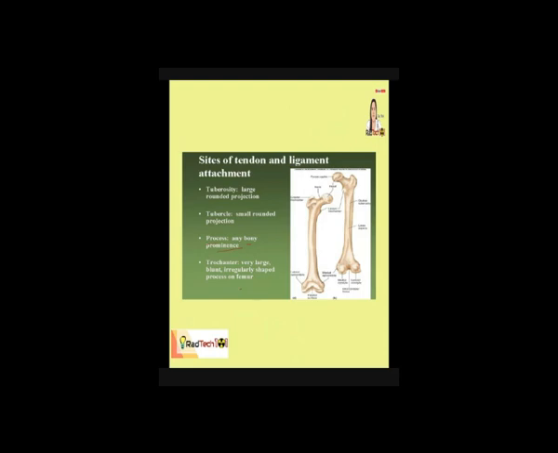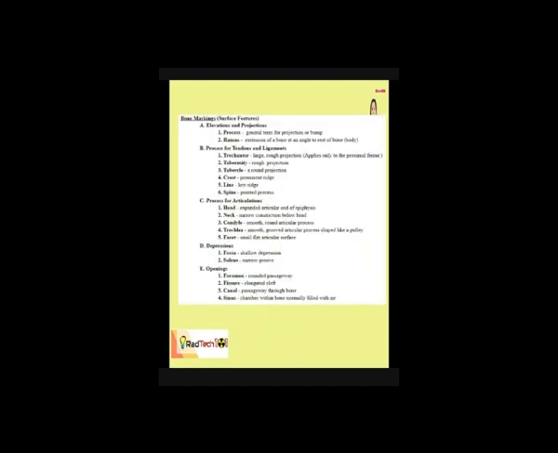So, tuberosity, tubercle, and trochanter are examples of a process or projection. Ito yung mga examples ng projection. Yung process at ramus. For tendons and ligaments, we have trochanter, tuberosity, tubercle, crest, line, and spine.